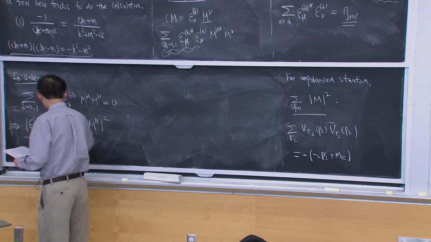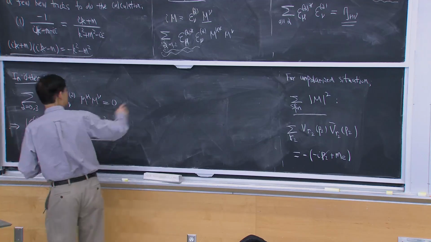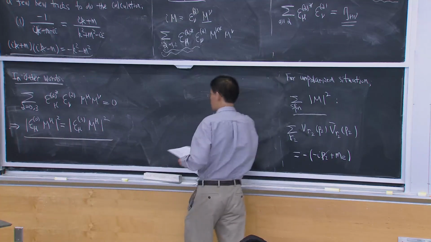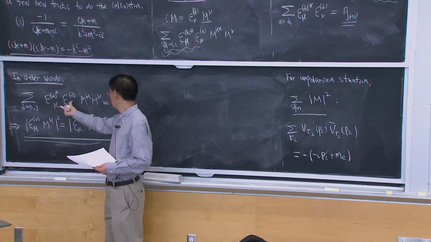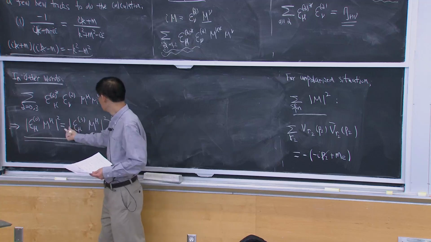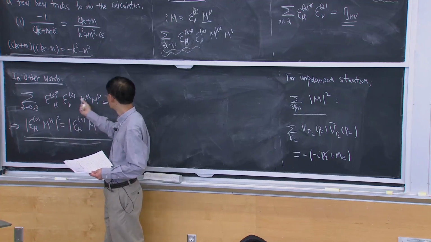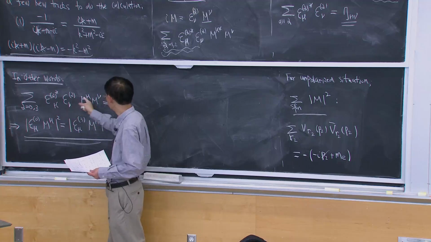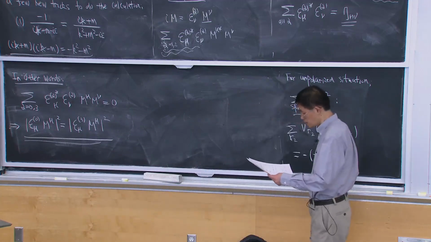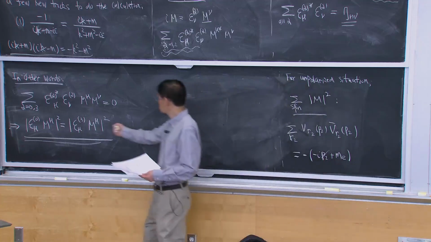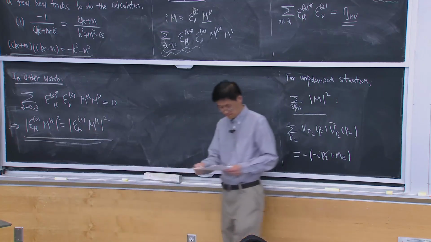Okay, so this claim is equivalent to this claim. The reason for the equal sign here is because of the signature, the zero component has a minus sign. So it tells you that the sum of these two actually will cancel each other.